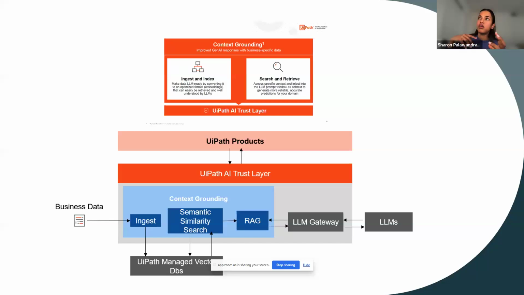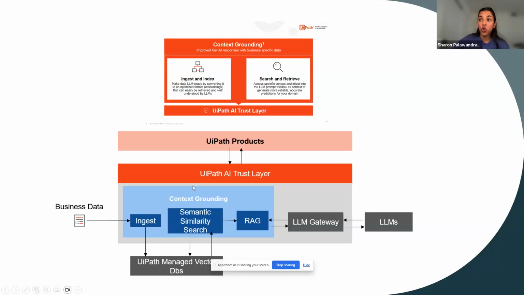So these are, I want to say, AI-based terms. And if you have no idea about it, don't worry about it, because these essentially mean ingest and indexing means us context grounding an LLM with the data that we have, and then search and retrieve us prompting it, us asking questions and retrieving those answers.